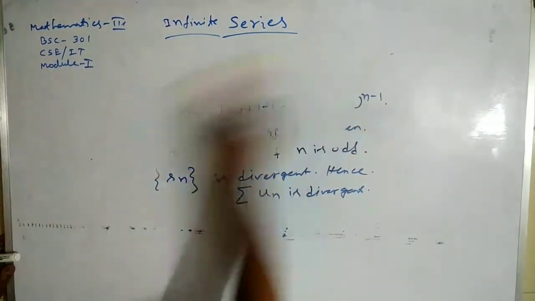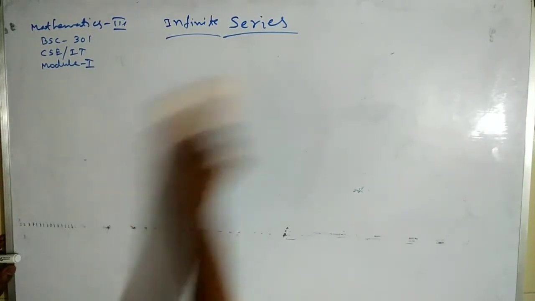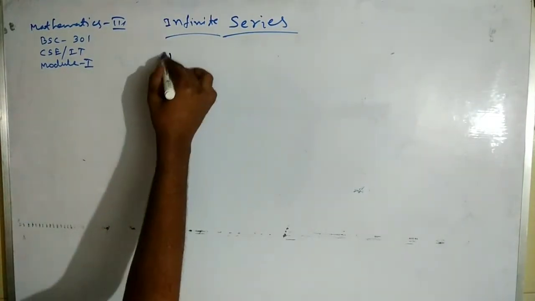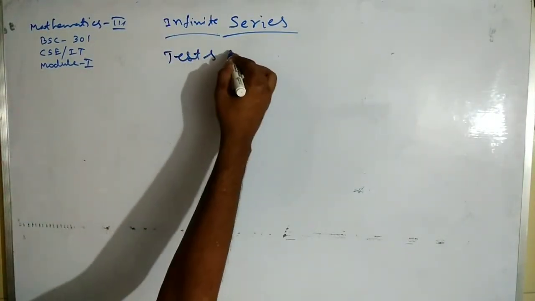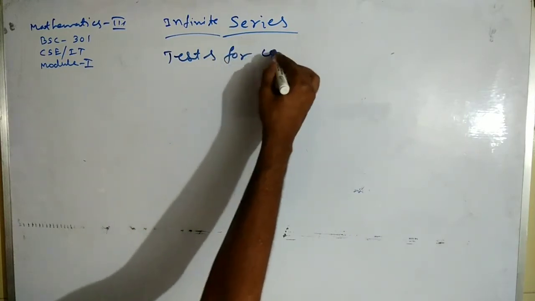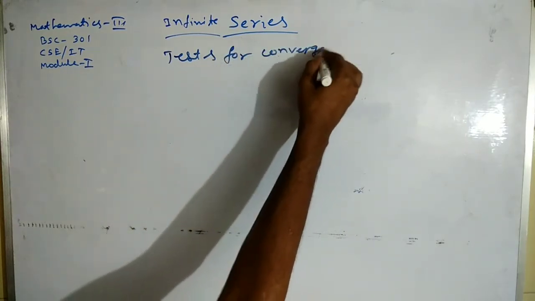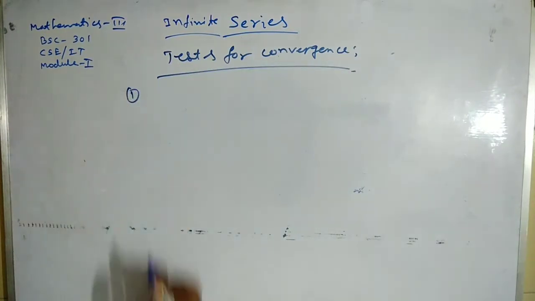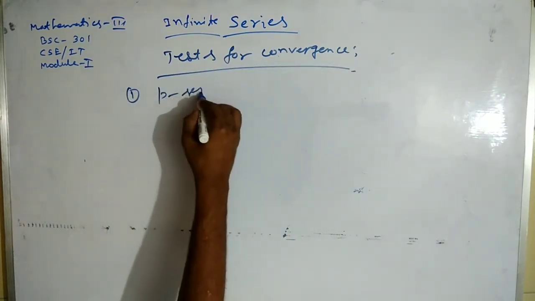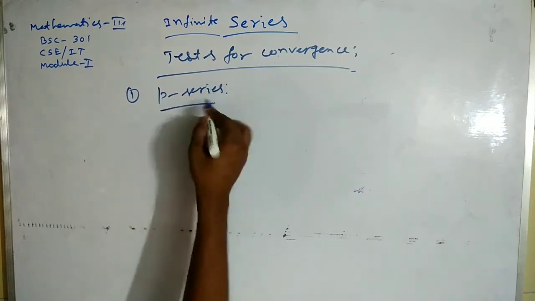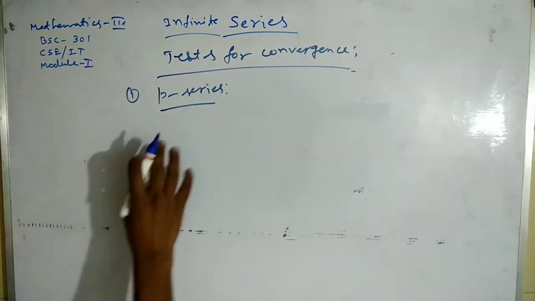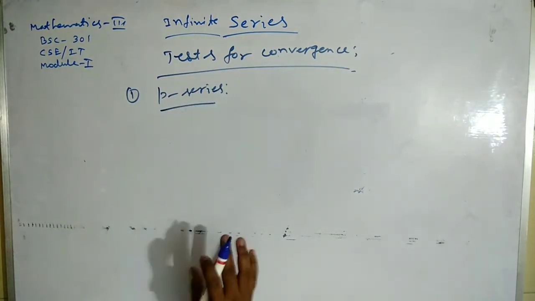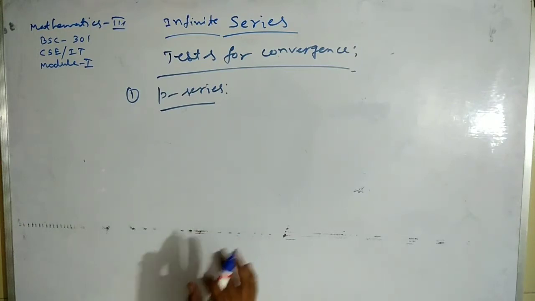Now I will start the discussion about the tests for convergence. Okay. So number 1, P series. This P series is a certain form of series that is called P series.